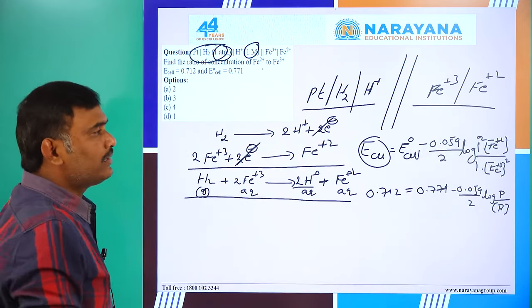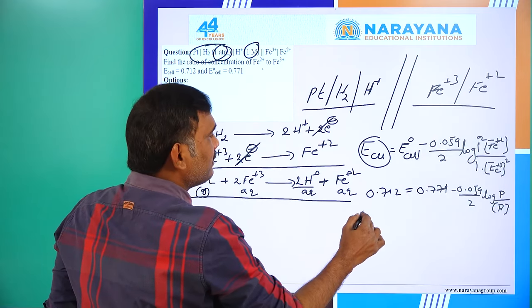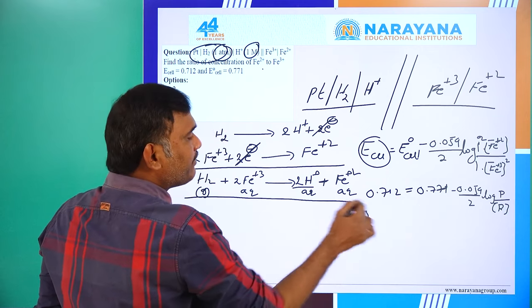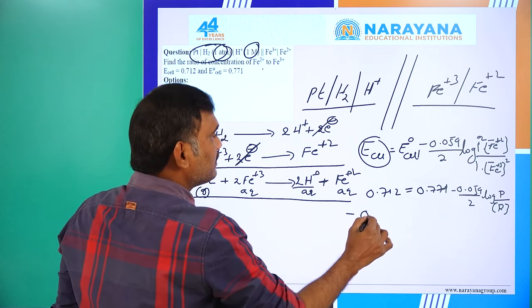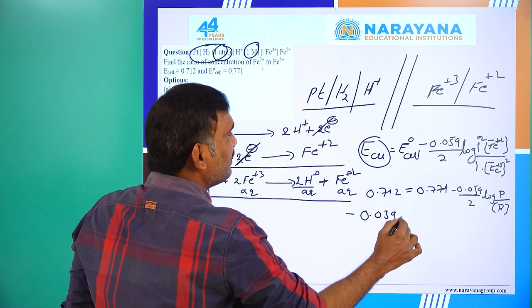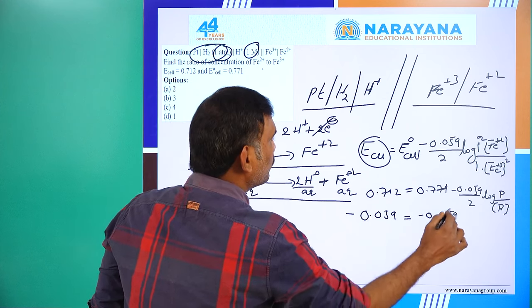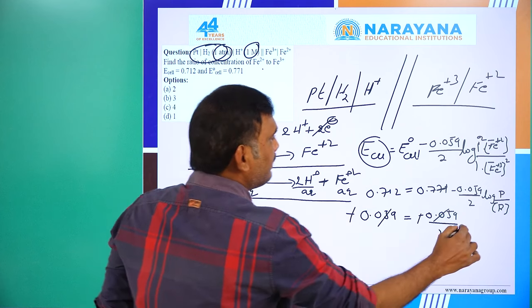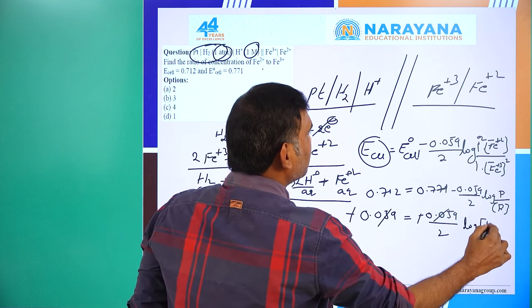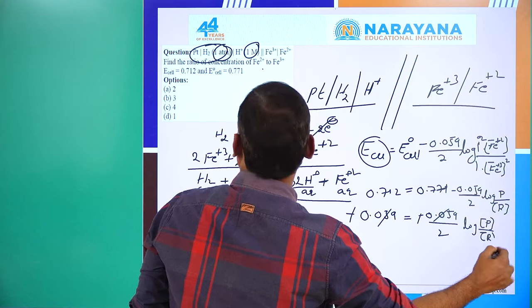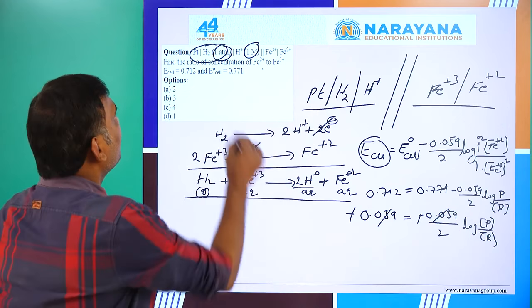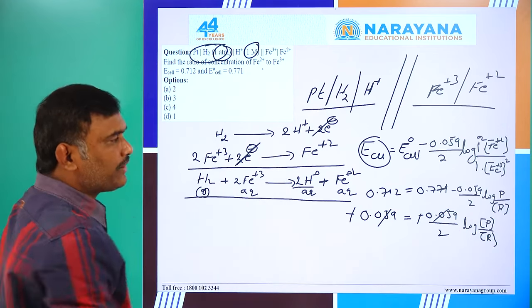Say yes or no? Now simply it comes like this: 0.77 minus 0.712 is equal to minus 0.059 by 2 into log of product concentration by reactant concentration. Say yes or no? Find the ratio of concentration of the product.